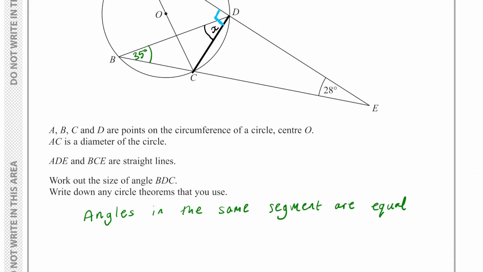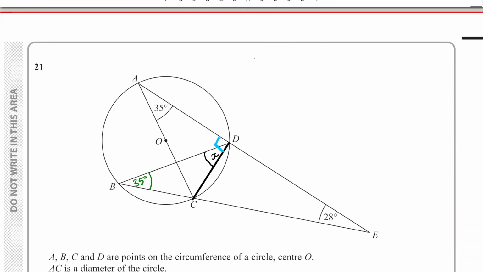So I'll say angle in a diameter is 90 degrees. And then because we've got a straight line, ADE is a straight line, that means we must also have a right angle on the other side. So that's not a circle theorem, but angles in a straight line add to 180 degrees.